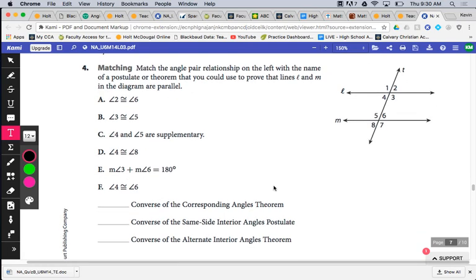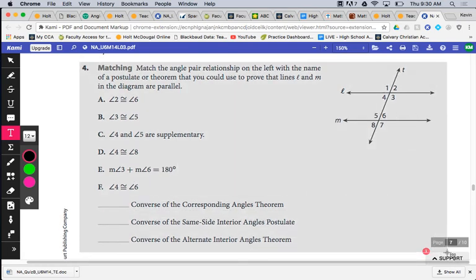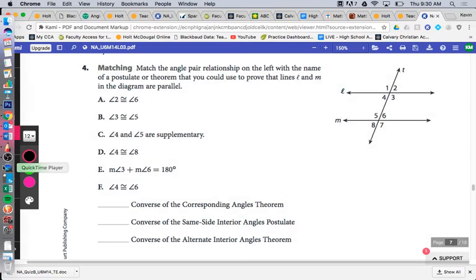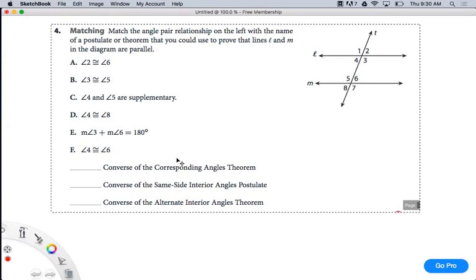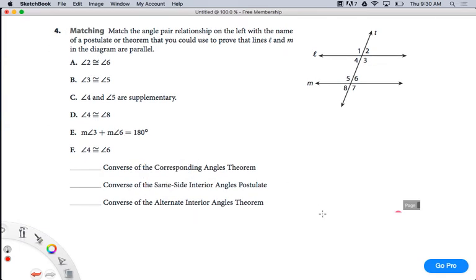So we're going to number 4. Your homework. Okay, so matching. It says match the angle pair relationship A through F with the name of the postulate or theorem that you can use to prove that lines L and M in the diagram are parallel.